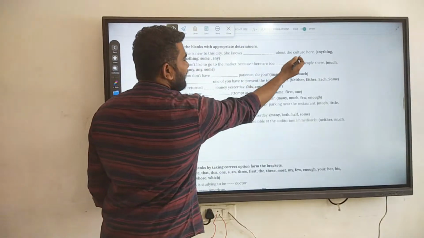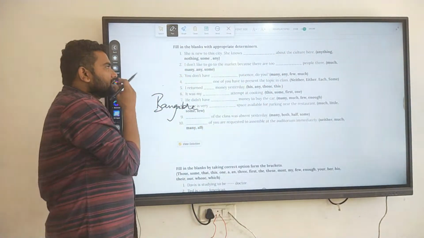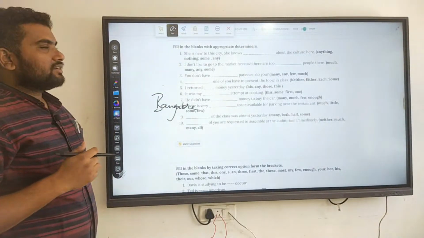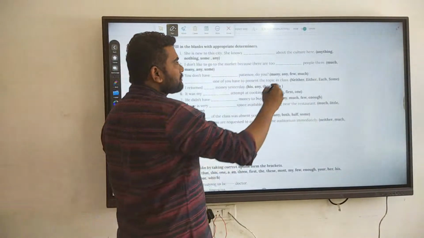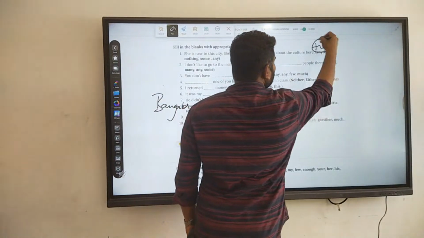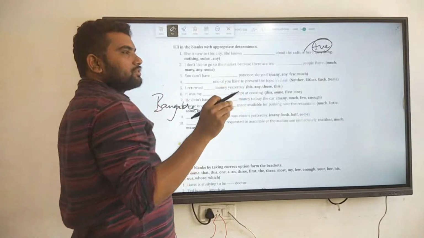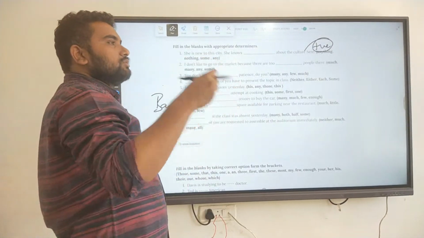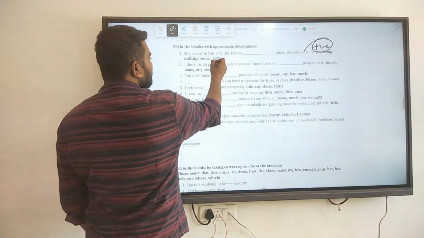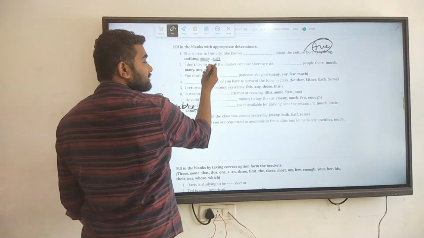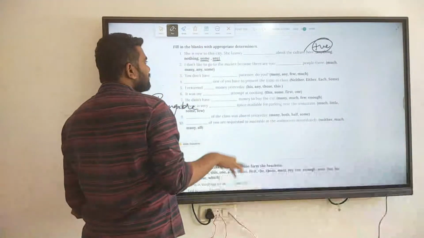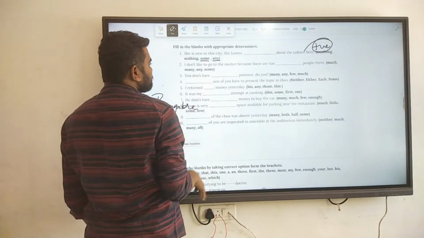Anything, nothing, some, any. For example, any talks about a positive thing, anything which she knows. Some is also the same, like she has information about that particular place which she is visiting or has visited.